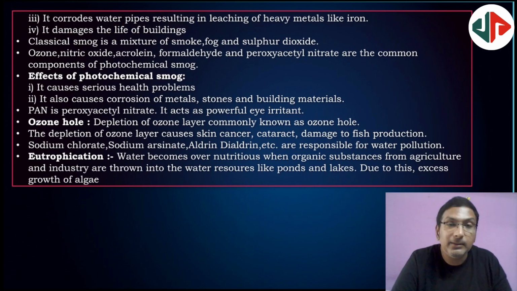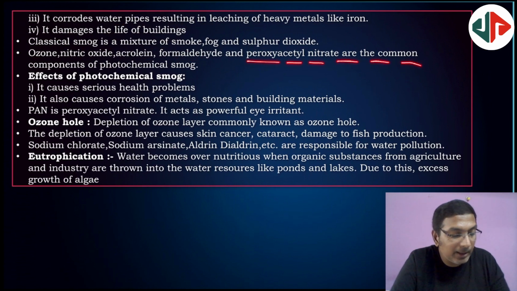Next, different types of smog. Classical smog is a mixture of smoke, fog and sulfur dioxide. Next, ozone, nitric oxide, acrolein, formaldehyde, and peroxyacetyl nitrate are common components of photochemical smog. So remember here classical smog and photochemical smog.